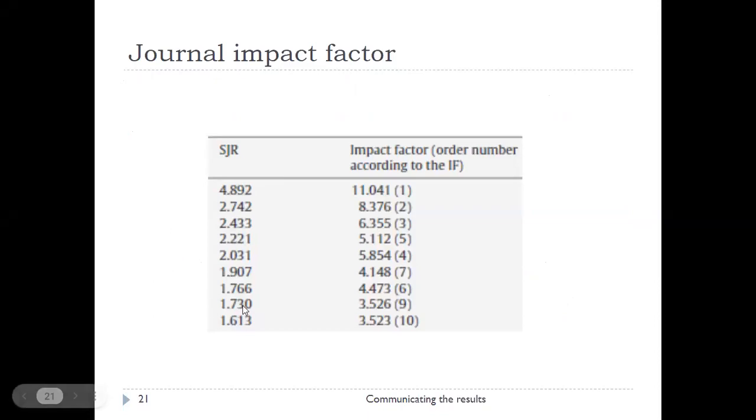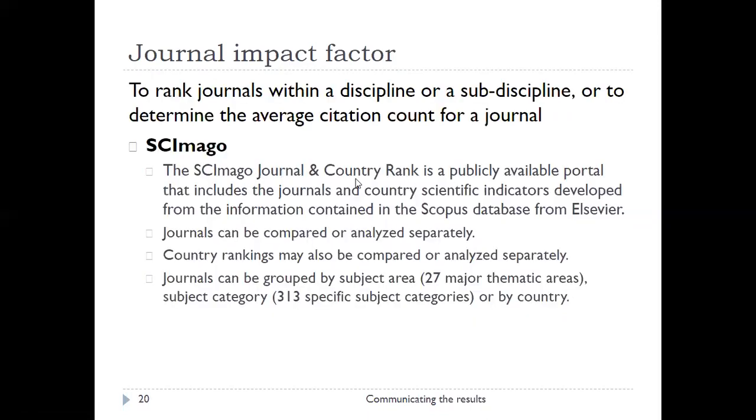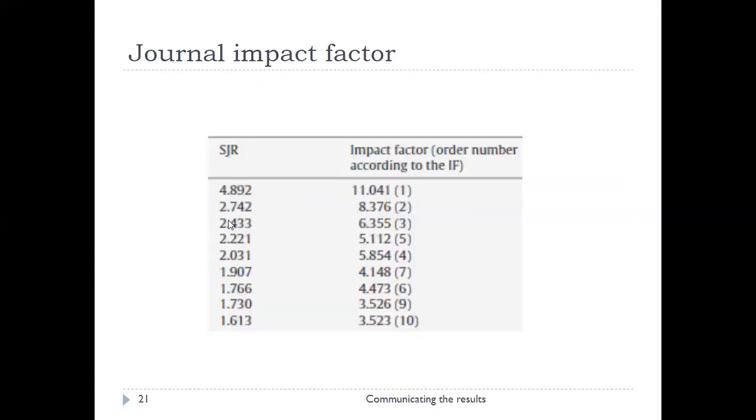Next, what is the relationship between the impact factor and the SJR, the SCImago Journal Rank? If some journal has a higher SJR, it will typically have a higher impact factor.